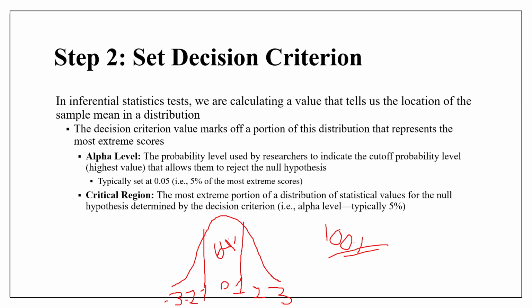And then we learned that if we also include the scores that are 2 standard deviations above and below, all of this will be about 95% of the scores. So all this area right here is 95% of the scores.